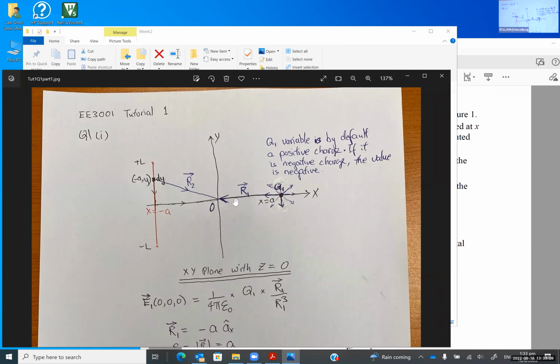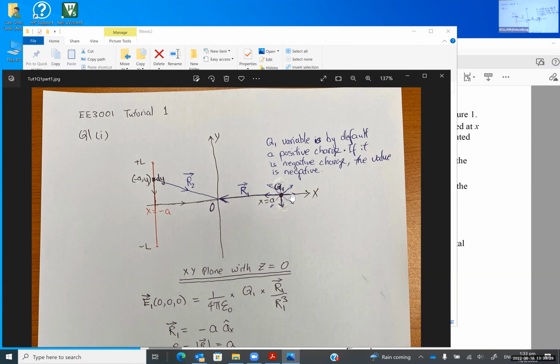I'm going to draw just 2D: x positive axis, y positive axis, with z equal to 0. So it's an xy plane with z equal to 0. And our point charge Q is located here at x equal to a, y equal to 0, z equal to 0.